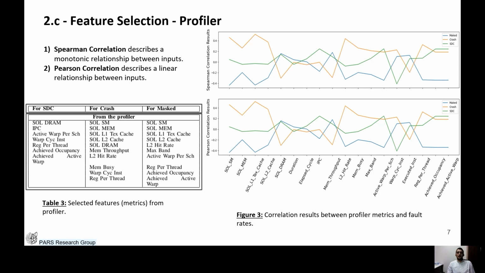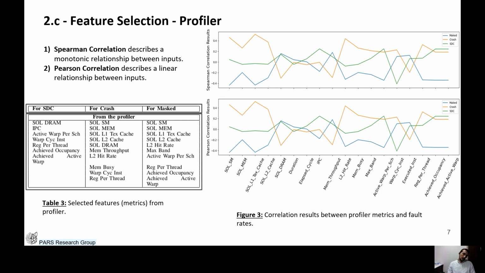To do so, we benefit from Spearman and Pearson correlation methods. While Spearman correlation shows a monotonic relationship, Pearson correlation describes a linear relationship between fault rates and our metrics. We select our metrics whose either Spearman or Pearson correlation result is greater than 0.2.